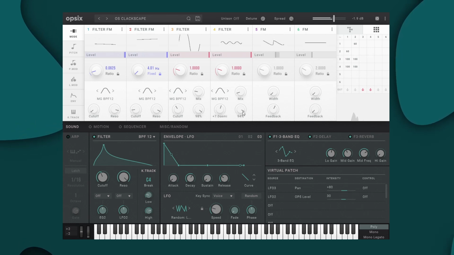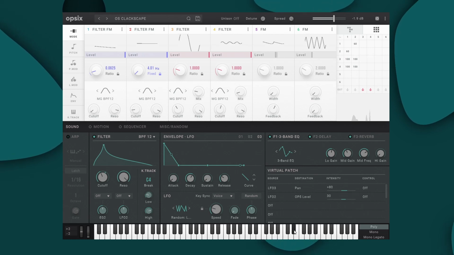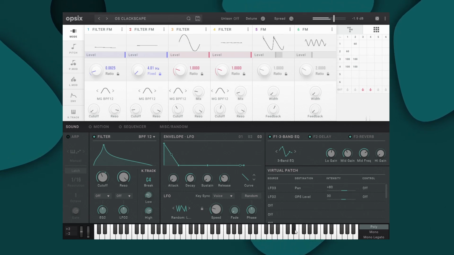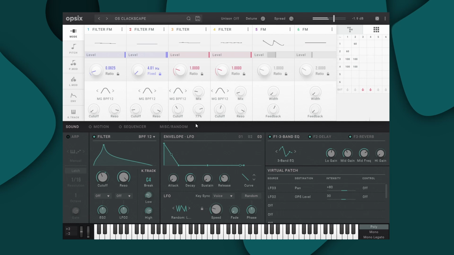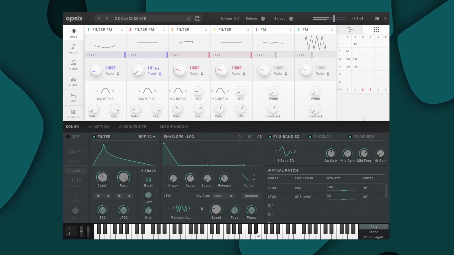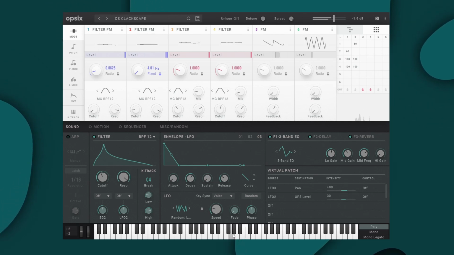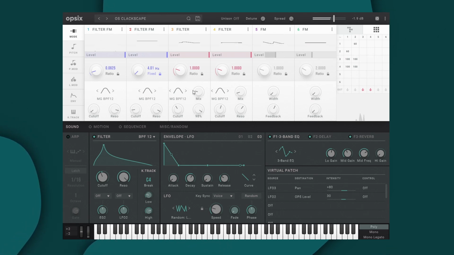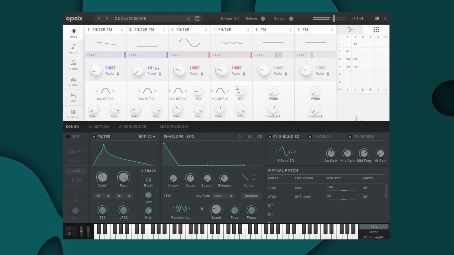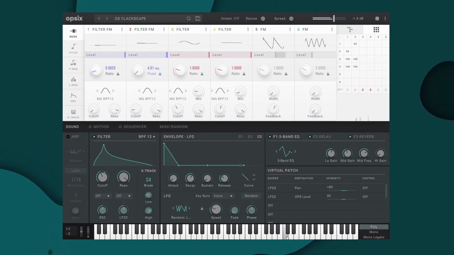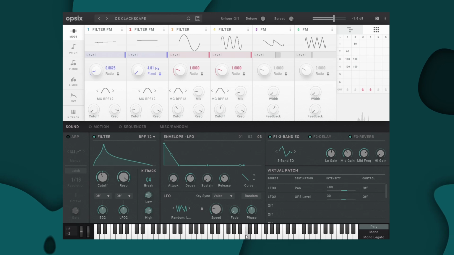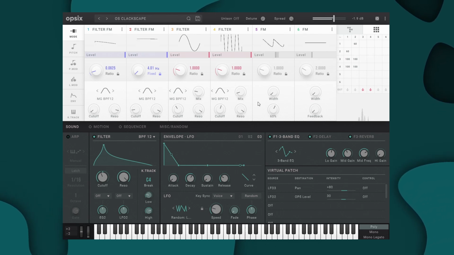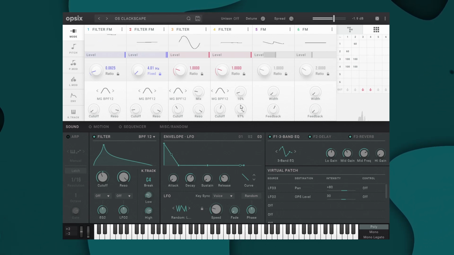And then these very high resonance filters here on 3 and 4 are being pinged. So if we lowered the resonance, you basically wouldn't hear a pitch anymore. More like a percussive thwack. But because we have the resonance nice and high, we get that nice wooden plucky sound.